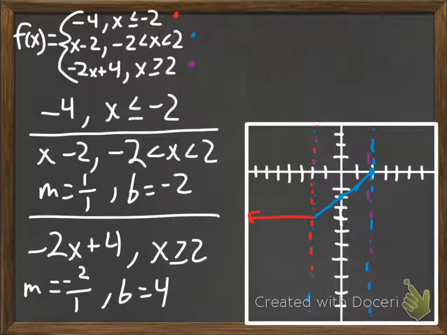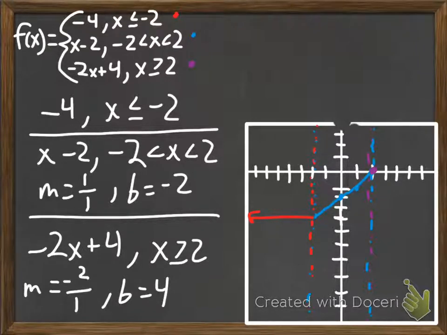So we're going to go to our positive 4. Put a dot. We're going to go down 2, right 1. Down 2, right 1. You see we're right here. Now, we're going to do it again because this line only exists when x is greater than or equal to 2, which means that I can't use those purple dots there.